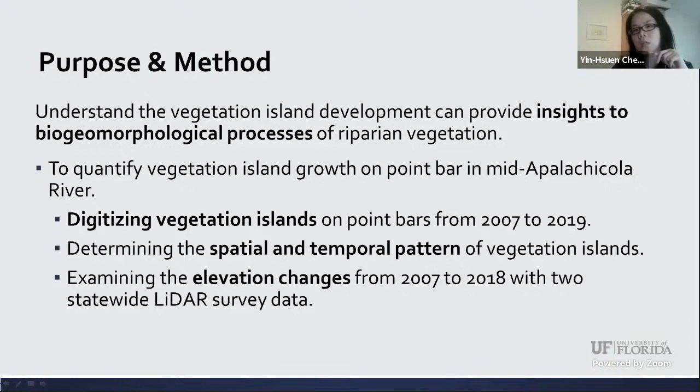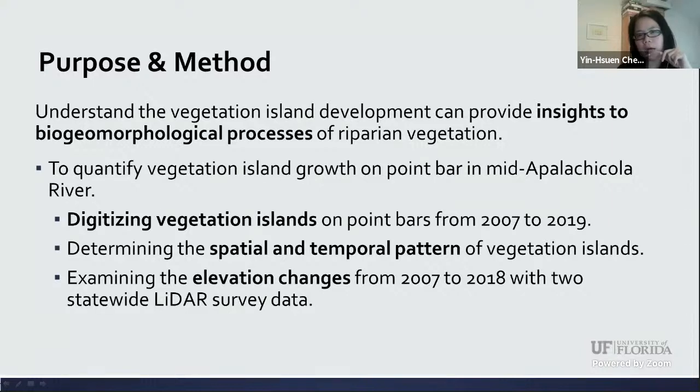We first digitized the vegetation islands on the point bar, and we selected 6 aerial photos from 2007 to 2019. We selected these specific 6 photos because we now have two LiDAR surveys, which give you high resolution elevation information. There are two LiDAR surveys, in 2007 and 2018.